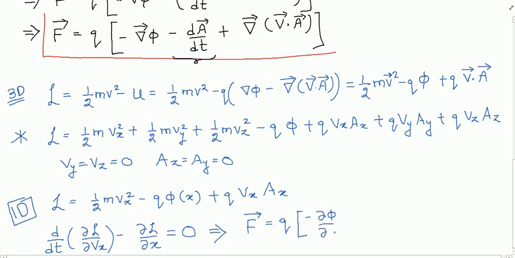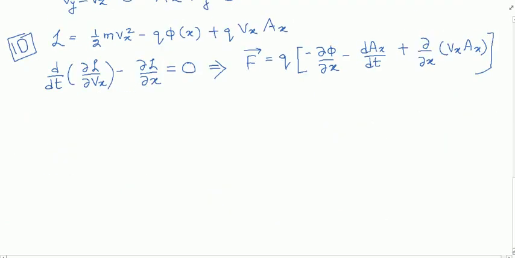You should get this term, and dax divided by dt, you will get this term, and then most probably you will get d by dx of vx ax. Just give a quick check whether you're getting this equation or not. Similarly, if you can do this in 1D, you can also do it in 3D. Okay, easy.